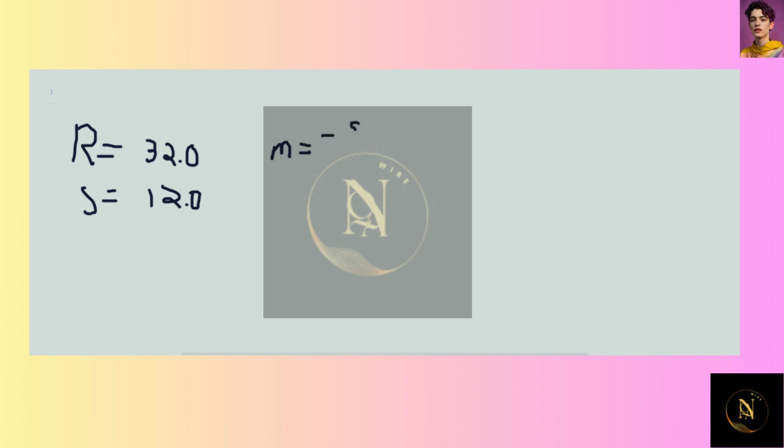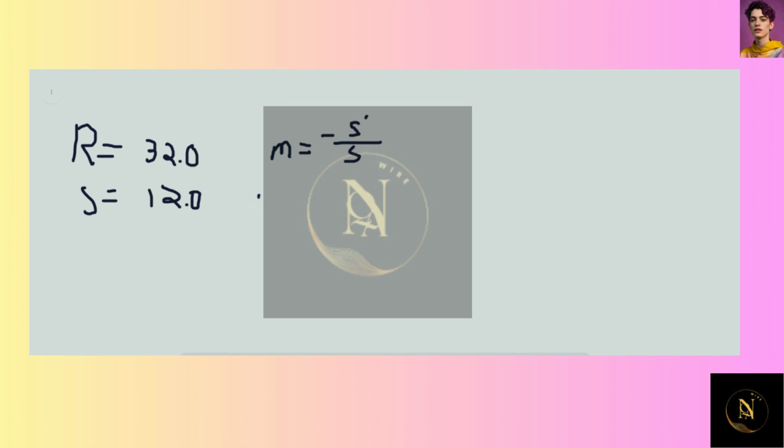So we know that the magnification is equal to minus s prime over s, where s prime is the location of the image and s is the location of the object.